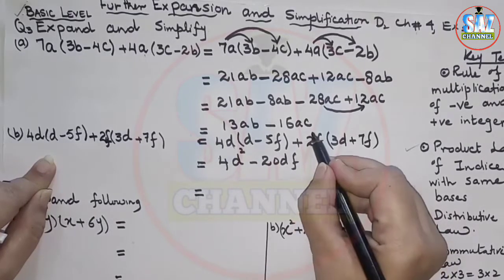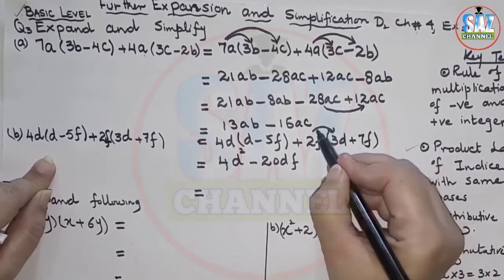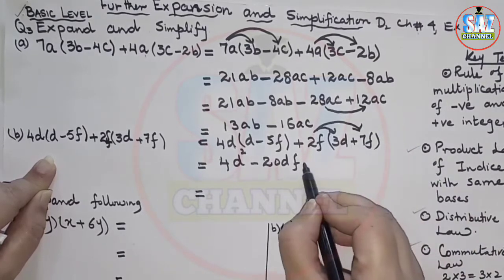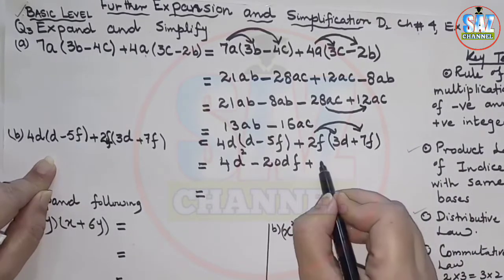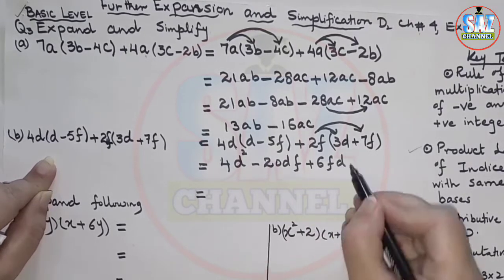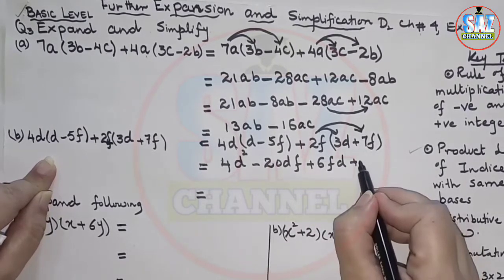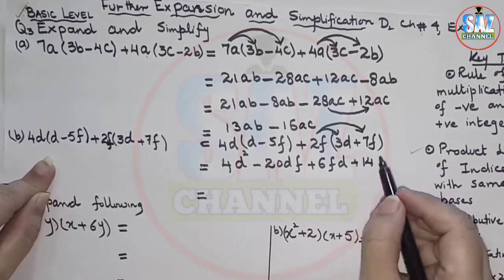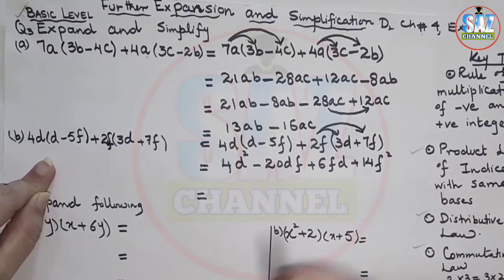Then coming to the second part, 2f will have to be multiplied by every term inside the bracket. This will become 2 3s are 6fd, and this is 7 2s are 14f square.